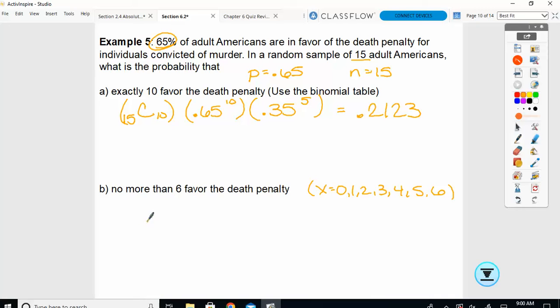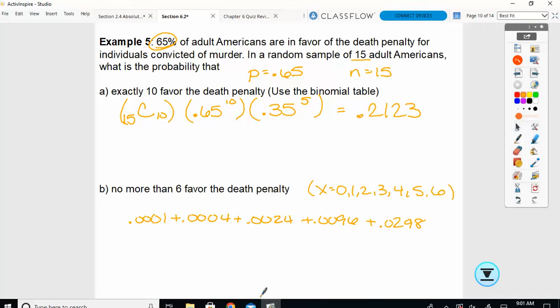For our purposes, it's just 0. So we're going to add up the 2, 3, 4, 5, and 6.